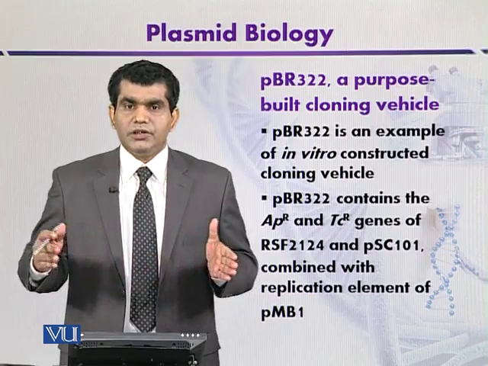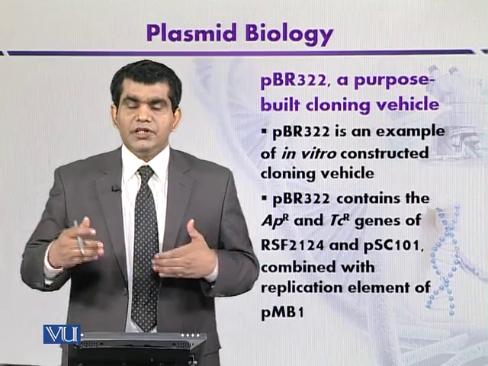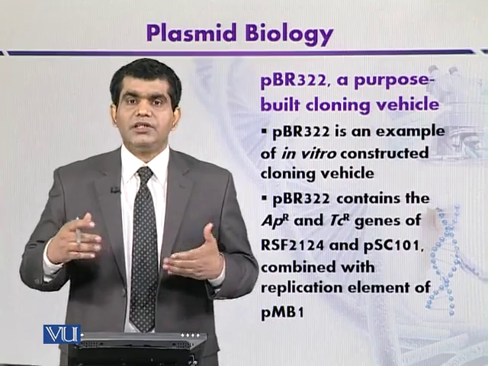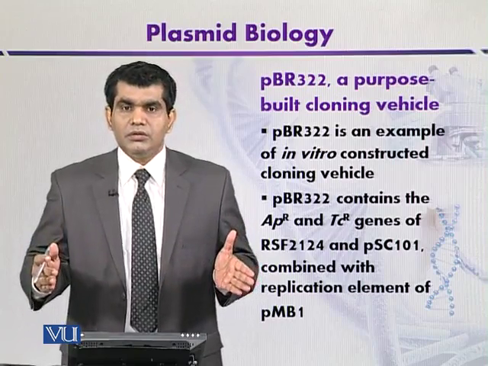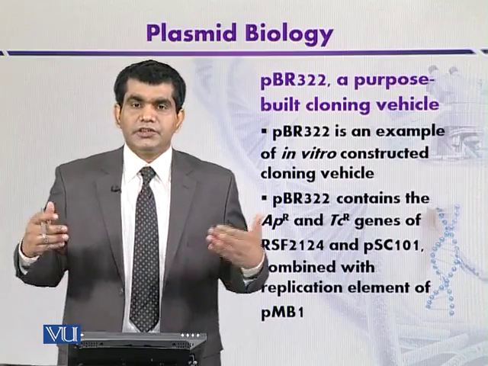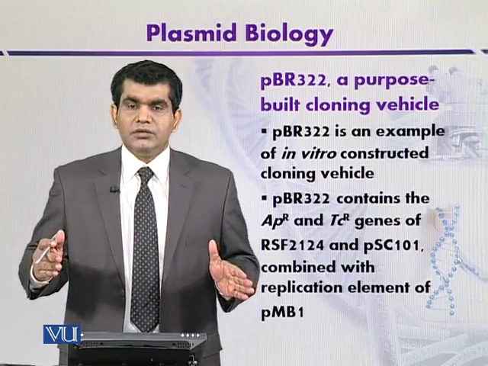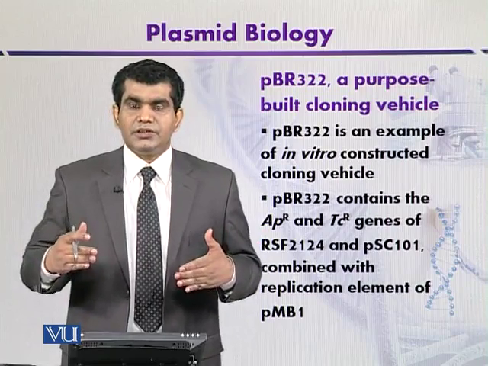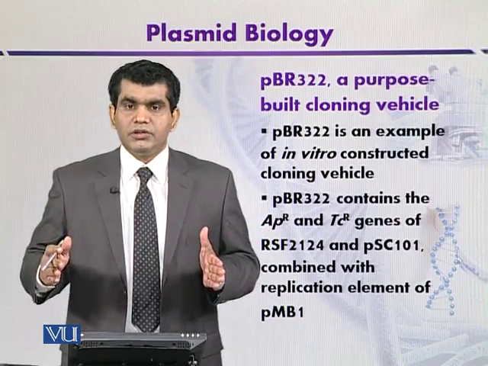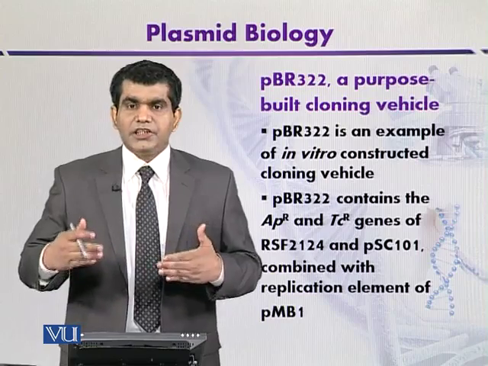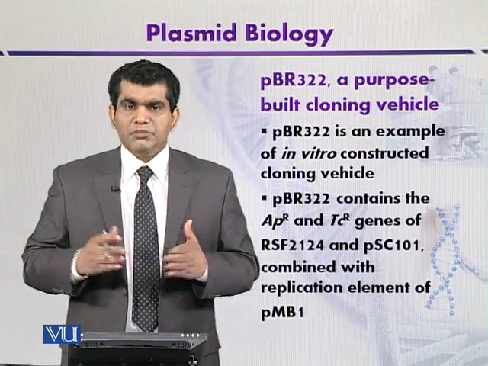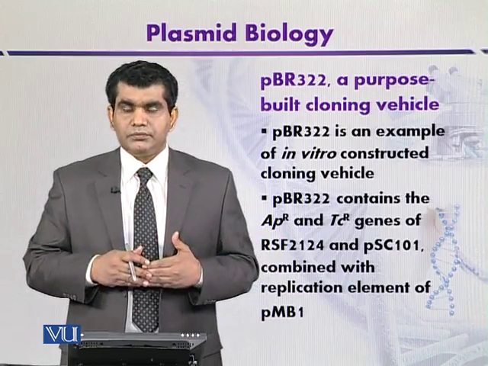But they have certain limitations. The limitation is that the selection is not reliable. Although antibiotic resistance genes are there, the selection is not reliable because many selectable markers are not present, maybe one or two.